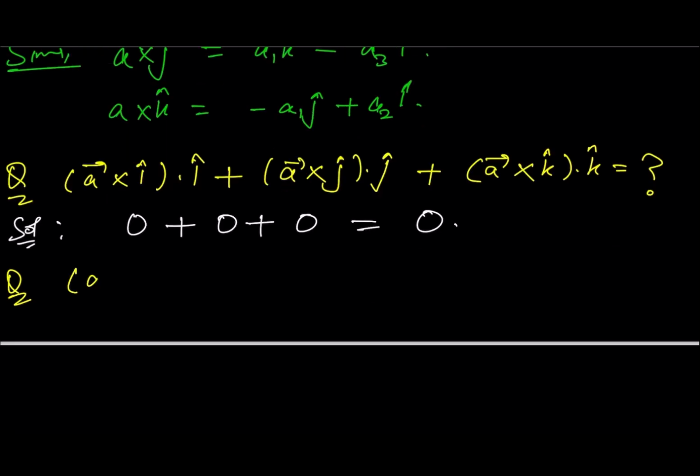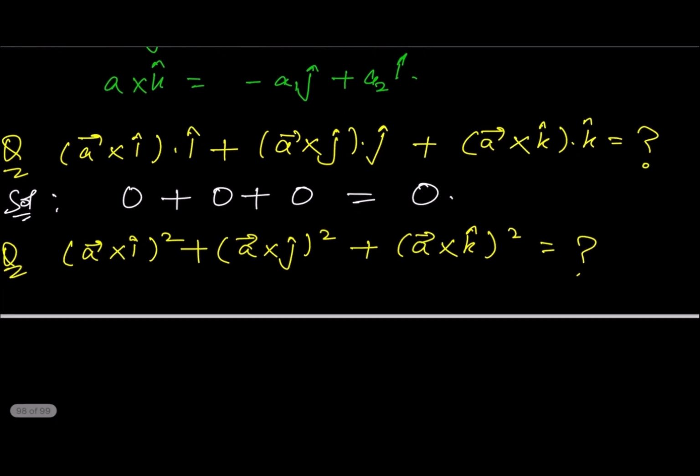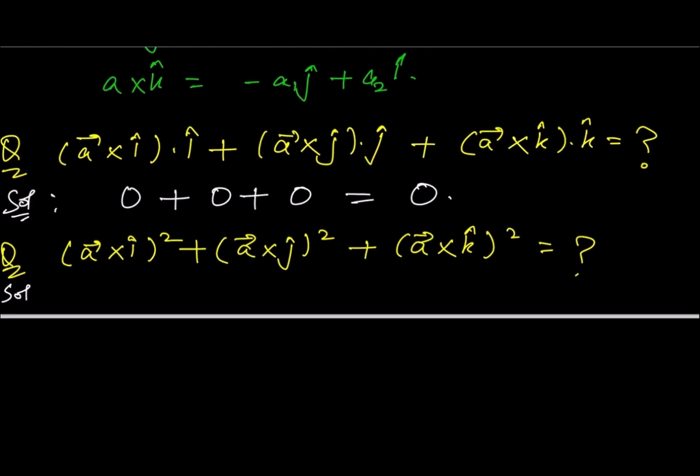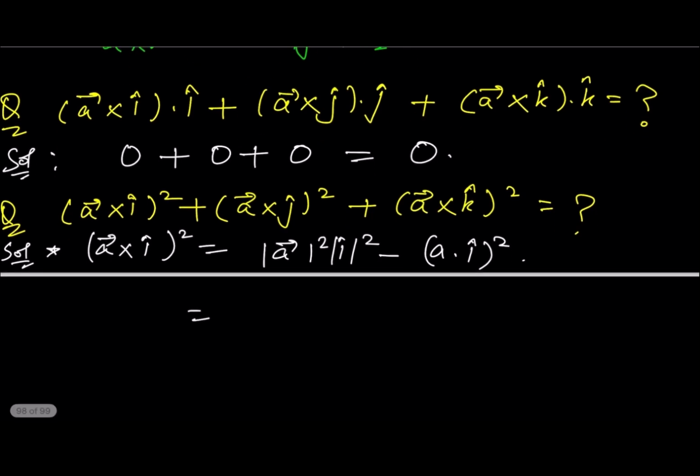Now A cross I whole square plus A cross J whole square plus A cross K whole square is equal to question mark. And A cross I whole square is mod A square mod I square minus (A dot I) square, which is mod A square minus A1 square, right?